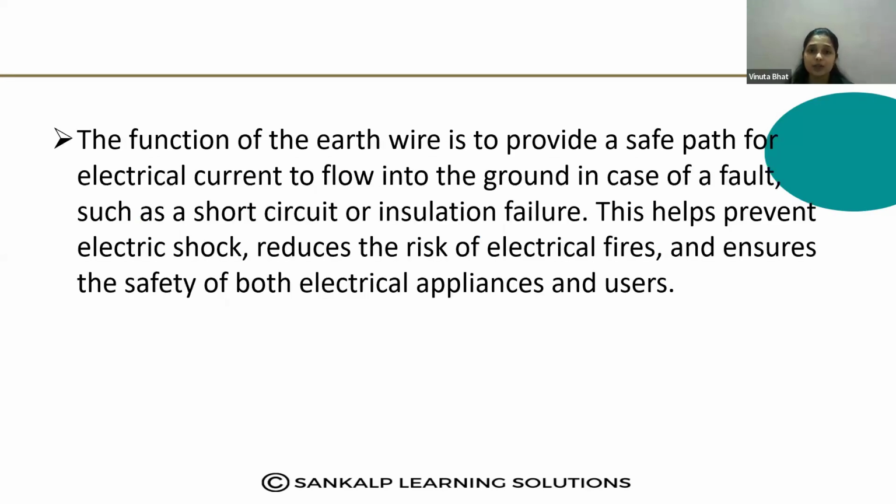Here, the function of the earth wire is to provide a safe path for electric current to flow into the ground in case of fault, such as short circuit or insulation failure. This helps prevent electric shock, reduces the risk of electrical fires, and ensures the safety of both electrical appliances and users.